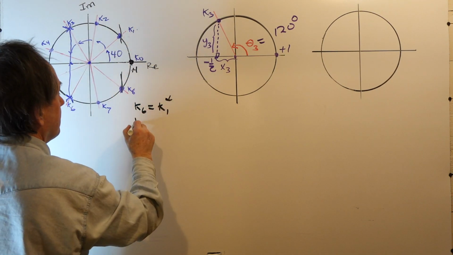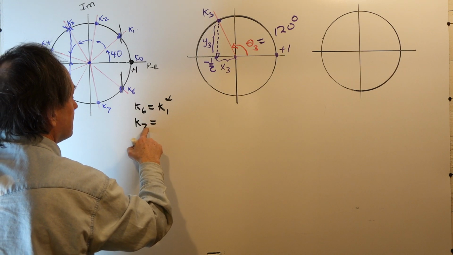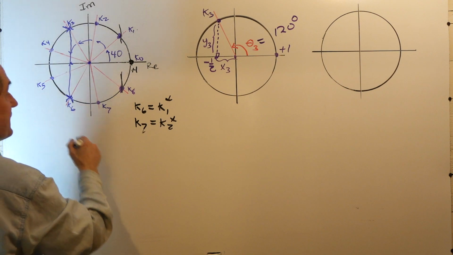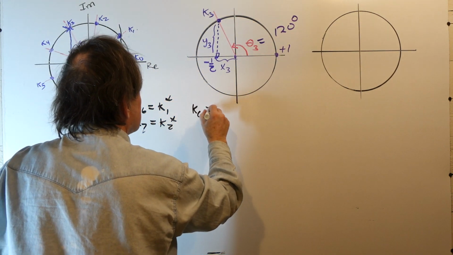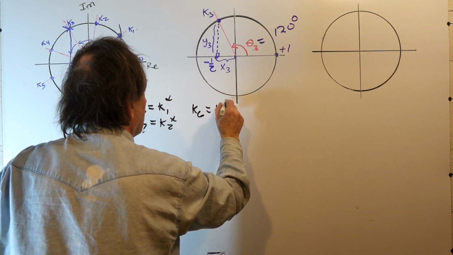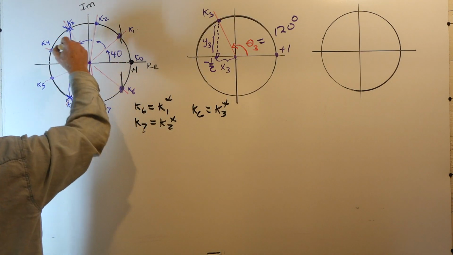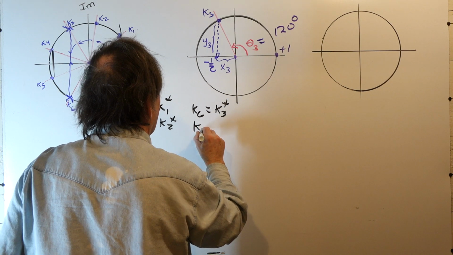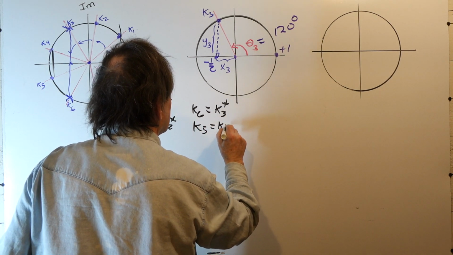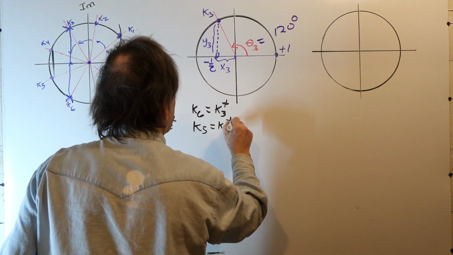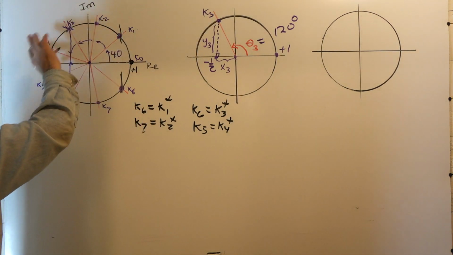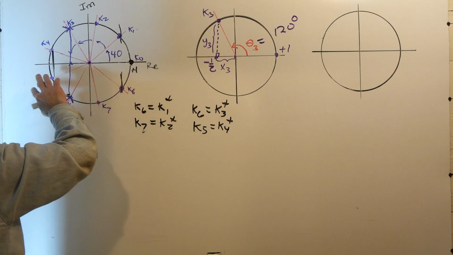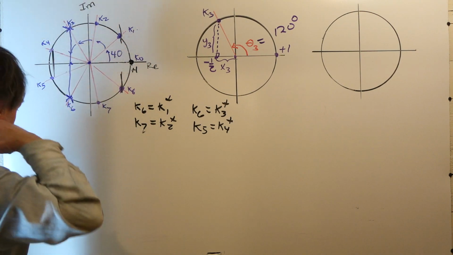K7 is a complex conjugate of K2. We just saw that K6 is a complex conjugate of K3, and the last pair here, K5, is a complex conjugate of K4. So we only have to look at the upper half of the roots because the bottom half are just complex conjugates of these.